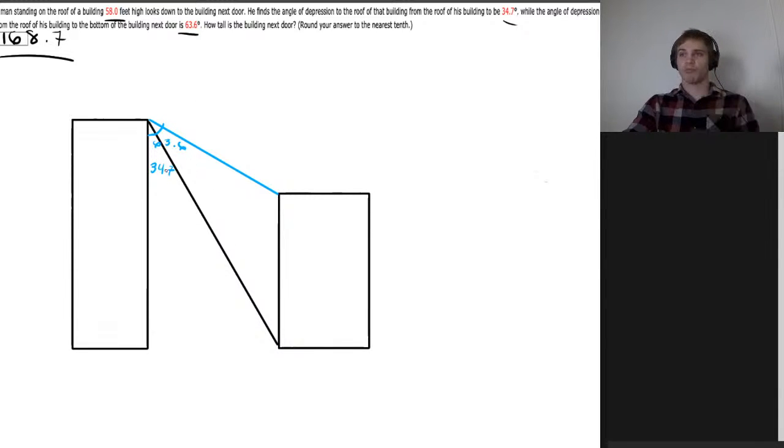So since we know that this is 58, we can find x again. Here, x, and then also here is the same.